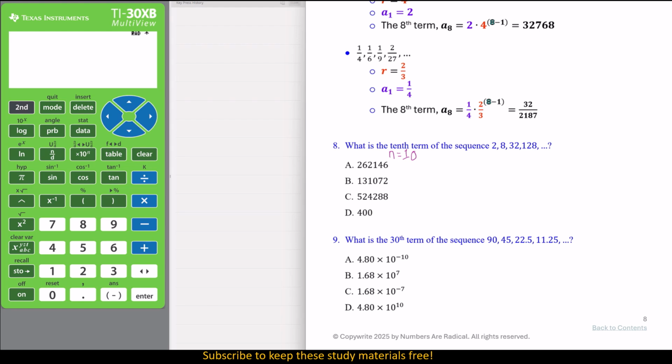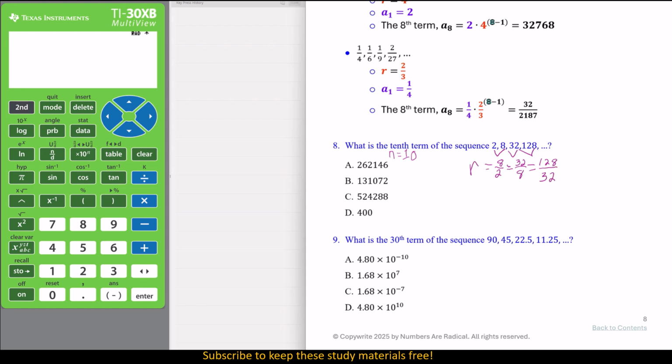Okay, we know we're in geometric sequences. And for geometric, we need a common ratio. And this is what we do to get our common ratio. We look at the first two terms and we say 8 over 2. And then that should equal 32 over the 8. And then from there, 128 over 32.